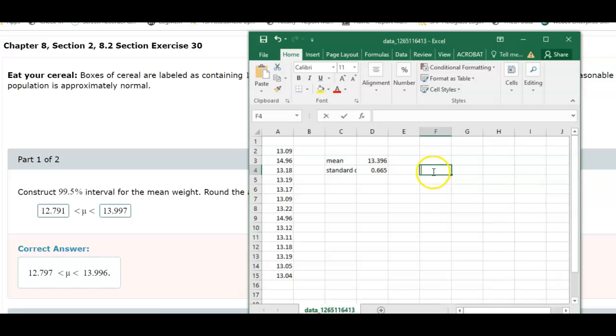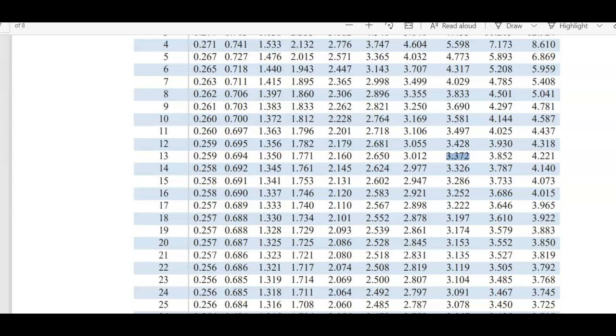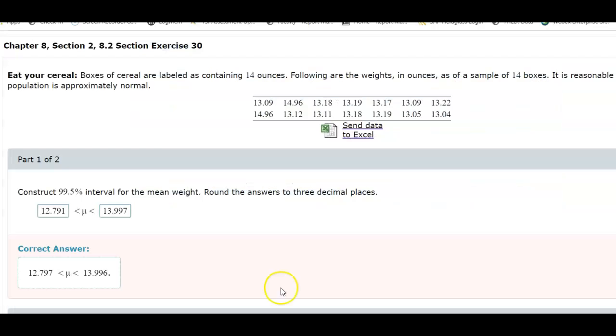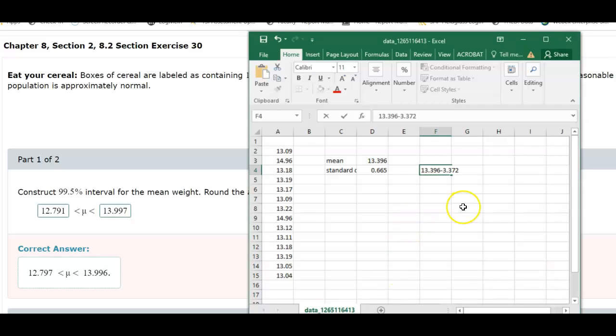So my mean was 13.396 minus, and then we were using 3.372. Wasn't that correct? 3.372. Okay. Wrong one. There it is. And I want my Excel file.